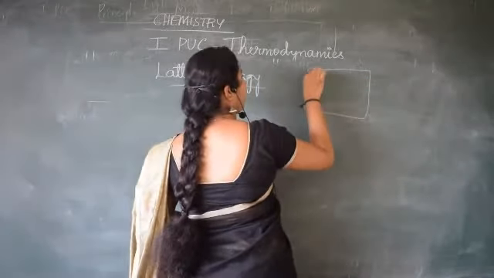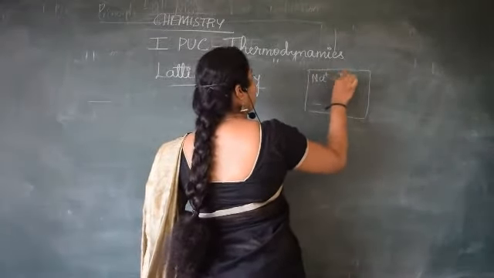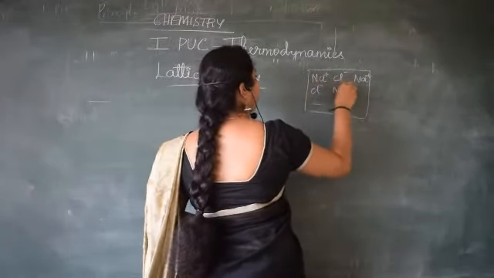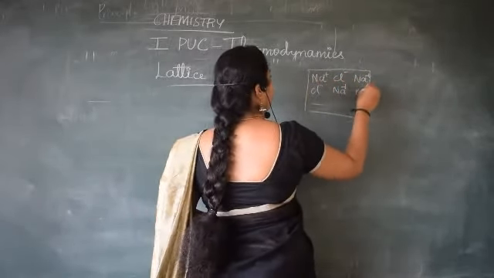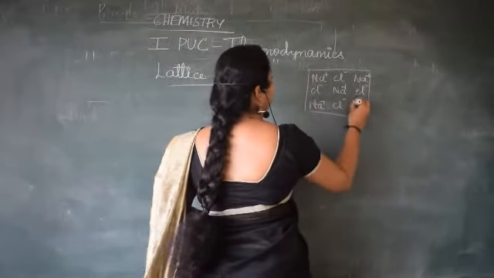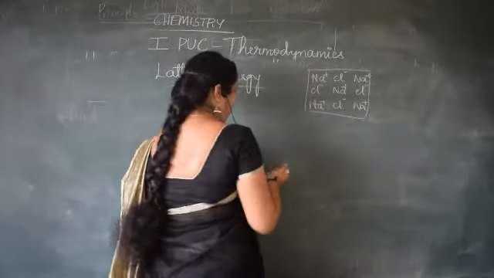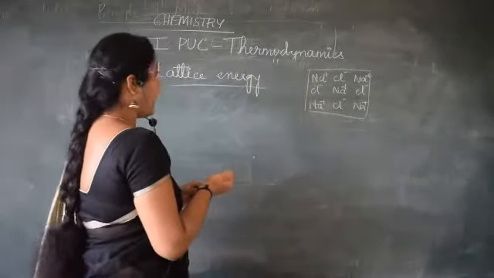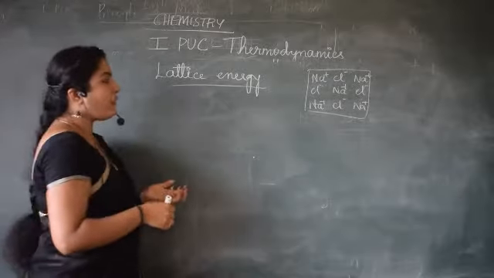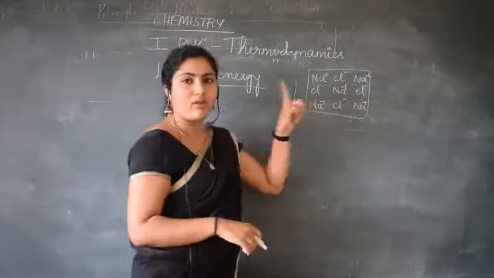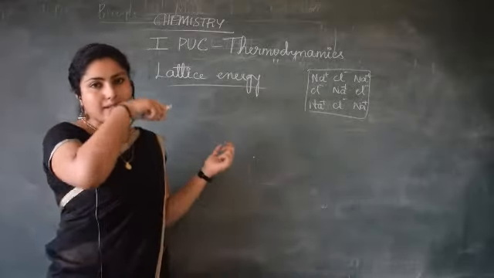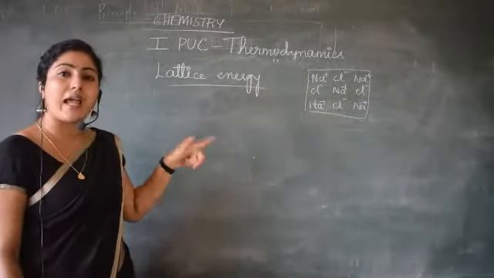Lattice means here Na plus Cl minus, Na plus Cl minus, like this the formation of crystal usually takes place, alternate sodium and chloride ions. So lattice energy means the energy required for the formation of 1 mole of ionic compound from its gaseous ions.